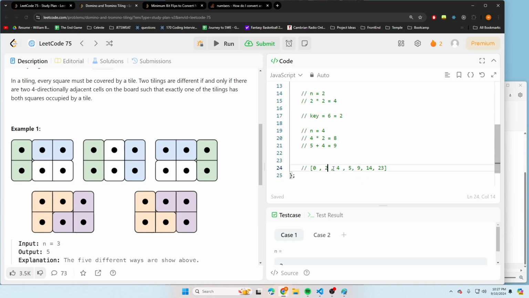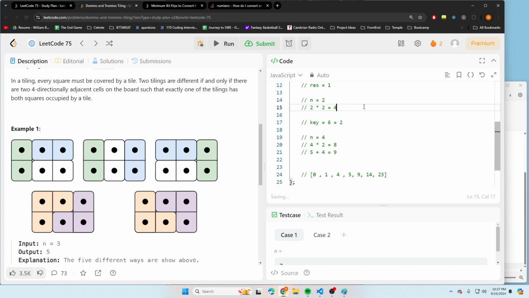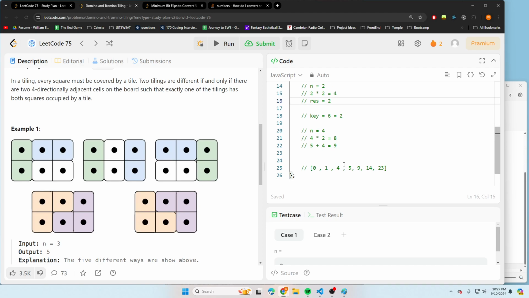So that's gonna be 1. 4 tile. Well, that's equals to what? If it's a 4 tile, you could do 1 or 2 ways. So 2 ways instead of 4. I still don't see.